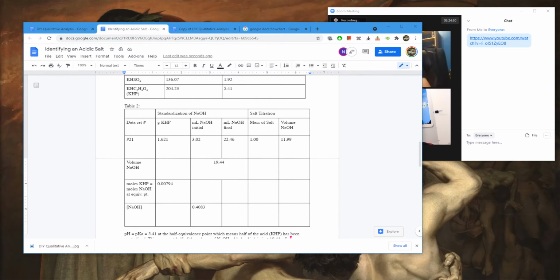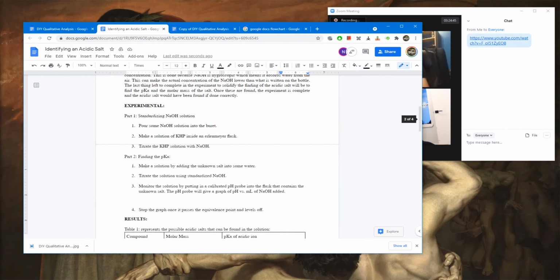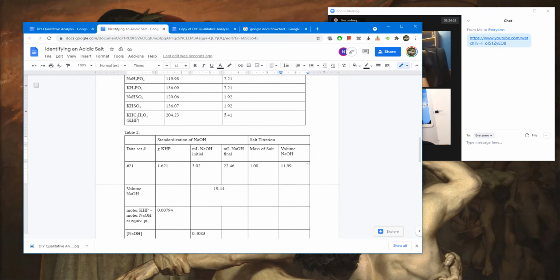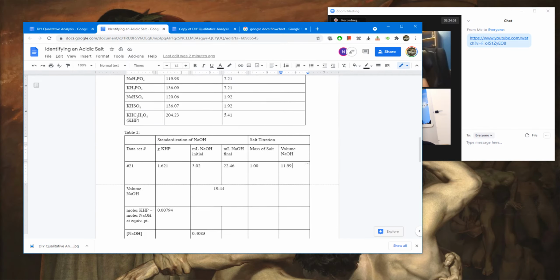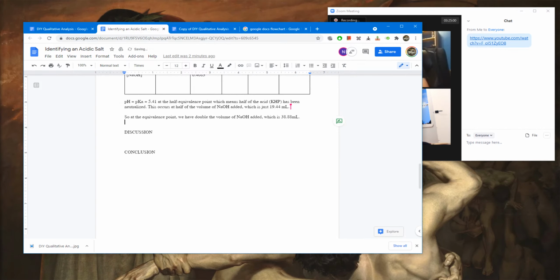The volume is 11.99 mLs. Let me see this again: make a solution, adding the unknown salt, some water, titrate using standardized NaOH. Okay, got it, so this is what we'll do.